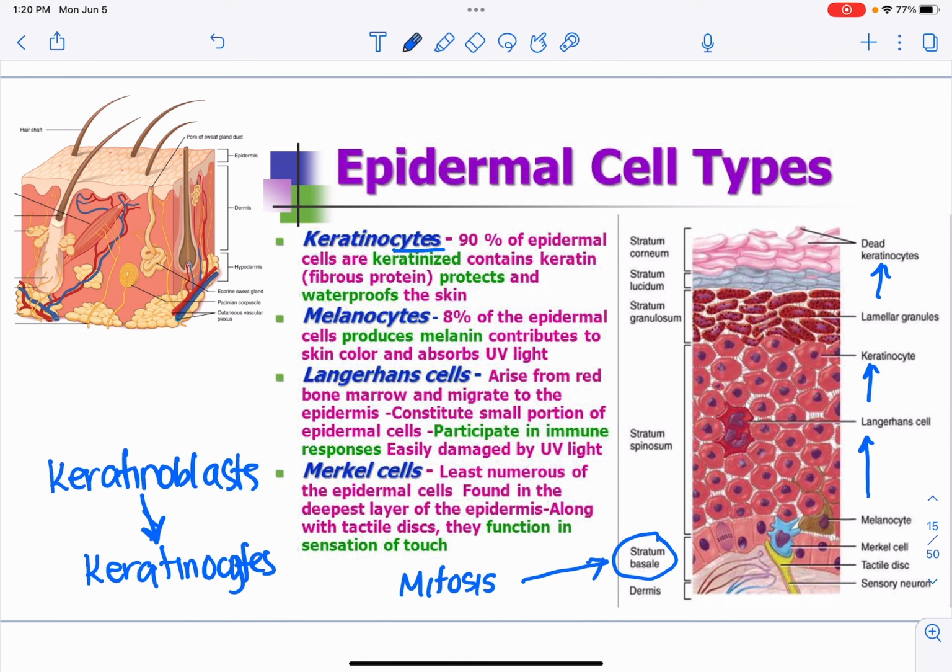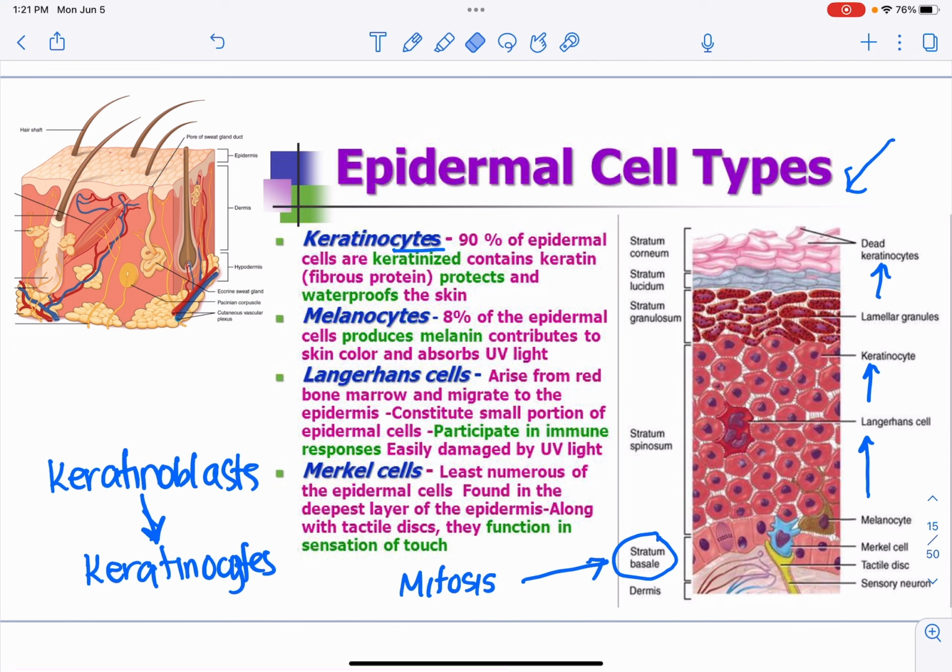So in the stratum basale, you're going to have keratinoblasts and keratinocytes, all right? And the keratinoblasts are going to be making new keratinocytes, all right? And they produce keratin. That is what is the waterproofing agent that is going to end up at the top layer, the most superficial layer of skin.